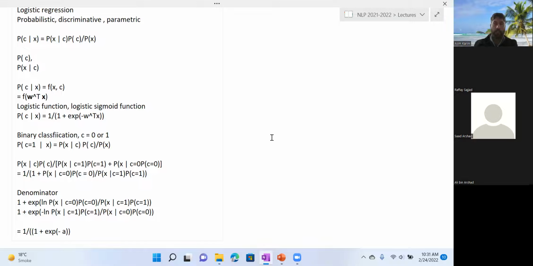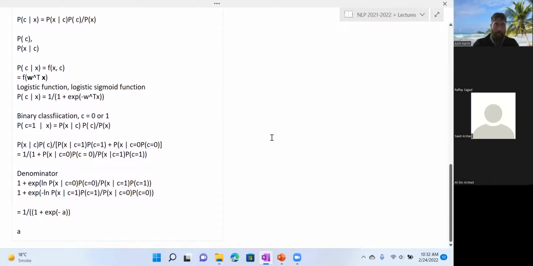And that expression is called the log odds for the Bayes model. And you can express that in a linear function. So what we are essentially doing now is a is basically ln of probability of x given c is equal to 1, probability of c is equal to 1 divided by probability of x given c is equal to 0, probability of c is equal to 0.